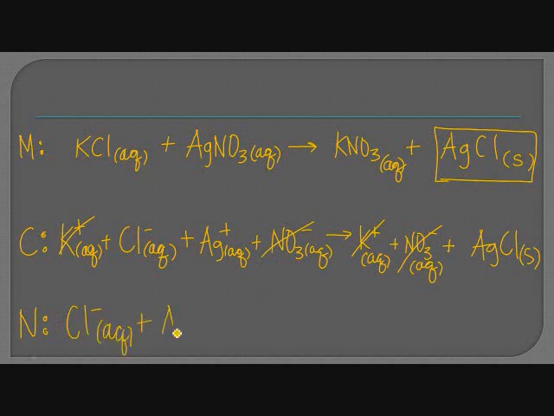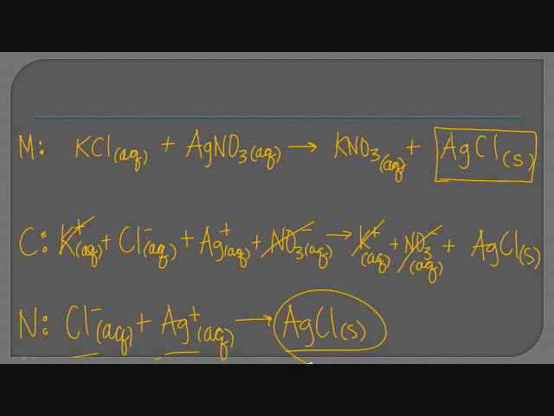The way that you'll be able to start predicting the net ionic without doing all this extra work is that the net ionic is the two ions that form the solid. If you are done and it's not in the correct ratio to form the solid product, or you don't have the correct solid left, then you did something else wrong. But eventually we should be able to just do that net ionic only.